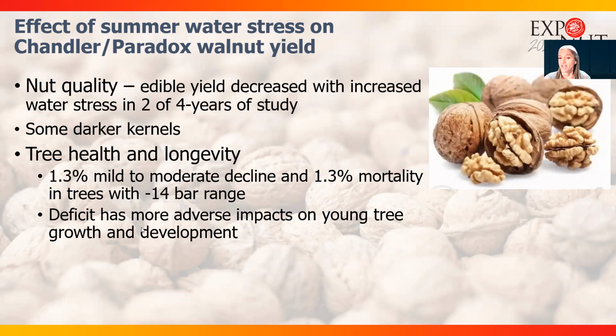Deficit irrigation has more adverse impacts on young tree growth and development than mature trees that, at least in this study that I've highlighted, return to full production in the same year that normal irrigation was resumed.